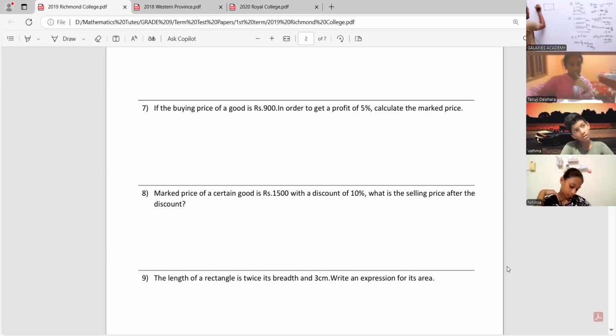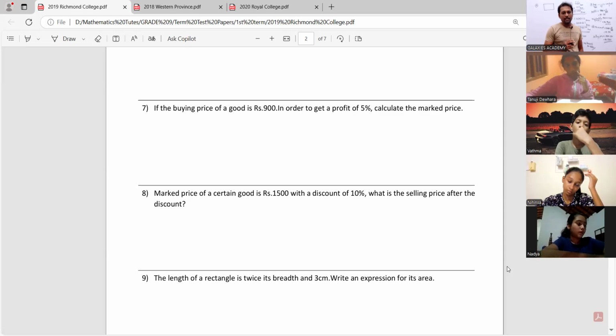Right, this is the ninth question. Then carefully read the question. The length of a rectangle is twice its breadth and 3 centimeters more. Let's say the breadth is x.